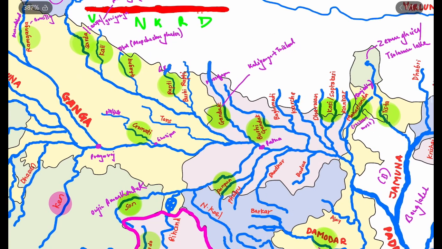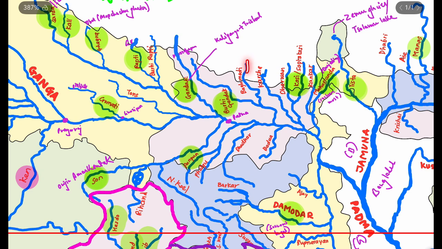Gandhak is here, and Gandhak meets at Patna. Buri Gandak is also in Bihar. Gandhak basically originates from Muzaffarpur, and Buri Gandak is also a part of Bihar. Then everything else, Bagmati, Karcha, Dharwan, then Kosi.